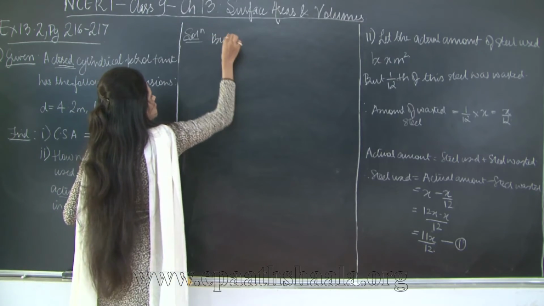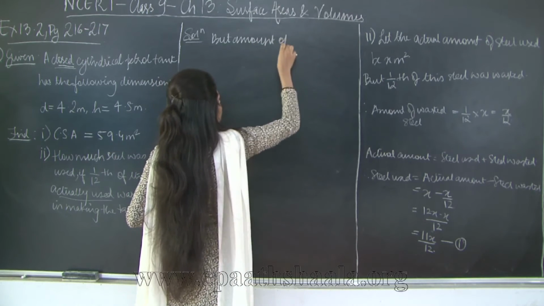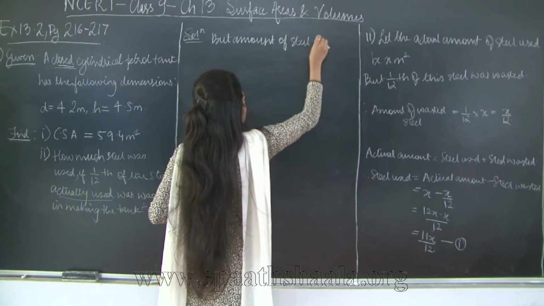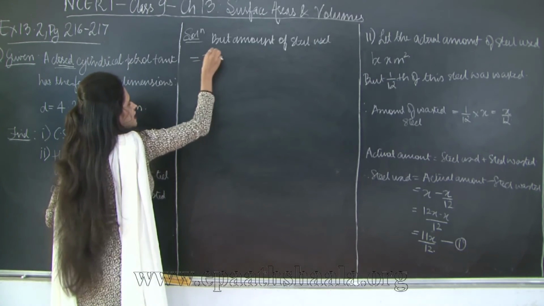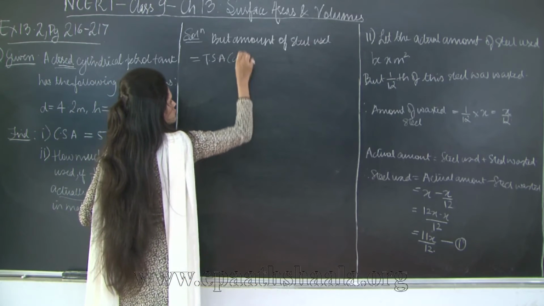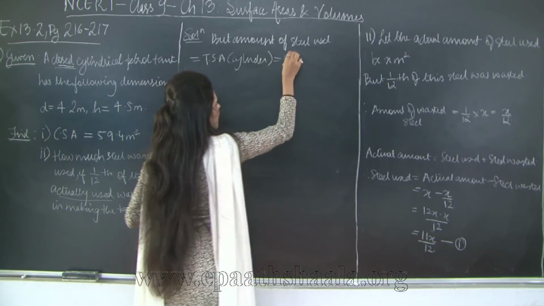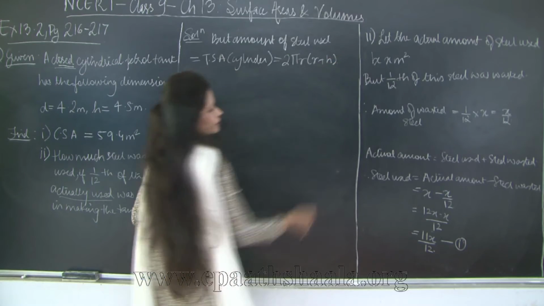But the amount of steel used is equal to the total surface area of your cylinder, which is equal to 2 pi r into r plus h, right?